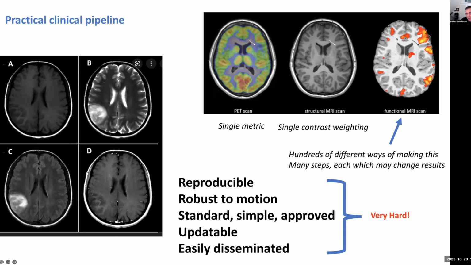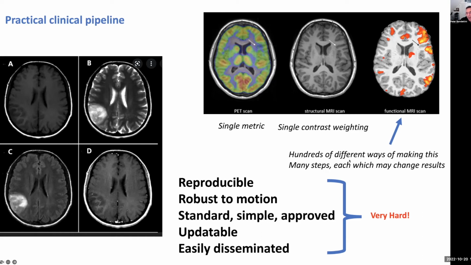You have literally hundreds of ways of making this map based on all the processing that you're learning in this course. And all the processing that I'm mentioning today, there are many ways of making this map, and many ways of making it wrong. Each step might change the results, which may or may not be clinically relevant.